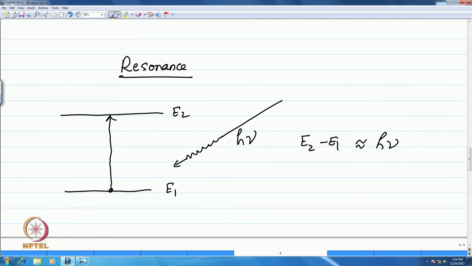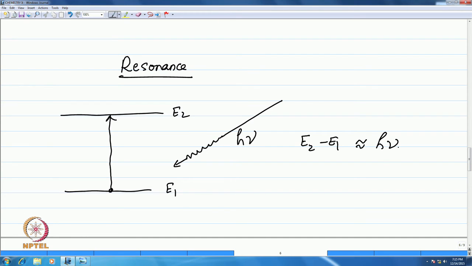I've just given a small picture here that if we have a very clear and quantitative detail of the energy levels of molecules, and suppose we have two energy levels in a molecule named E1 and E2, then resonance in spectroscopy is the condition when the electromagnetic radiation, which is used to excite the molecule from E1 to E2, has a frequency nu, which matches with the gap between the two energies given by the condition that the energy difference E2 minus E1 is equal to h nu or approximately equal to h nu, the energy of the photon.